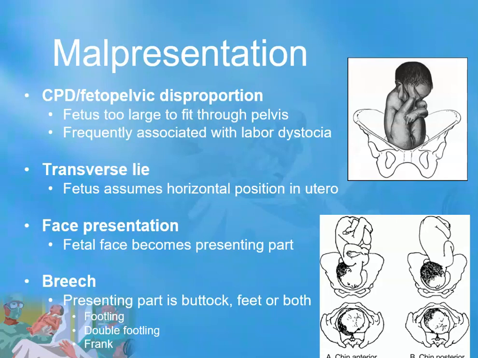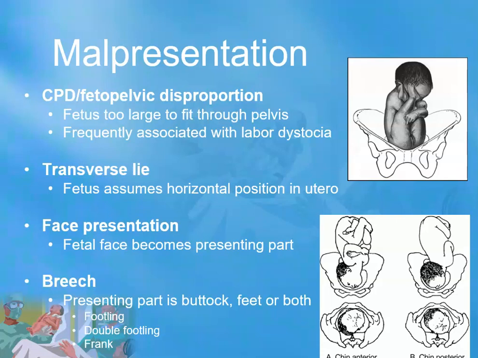So if the baby's head is turned to the side or the baby's more sideways in utero, it's called a transverse lie. Face presentation is when the baby is looking straight out and the face is the presenting part, where the fetal face becomes that presenting part.